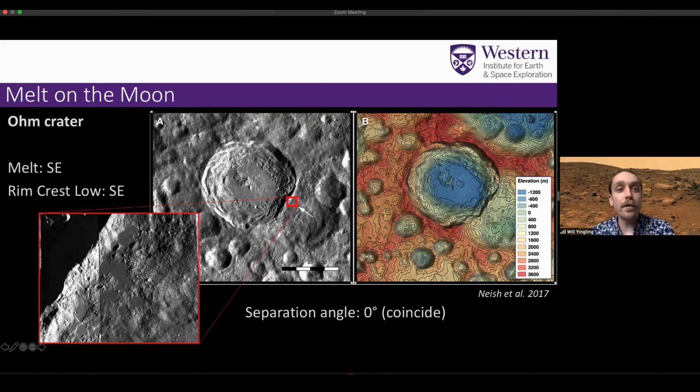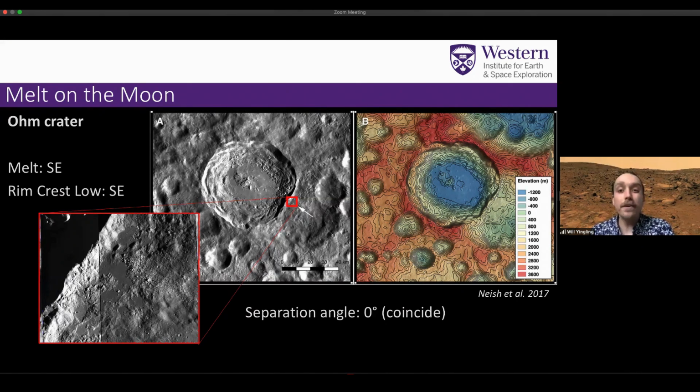And for the moon, we have another example of a crater with melt, Ohm crater here, where we have this nice zoom in picture of melt happening just to the southeast of the crater, where you have distinct surface roughness changes.